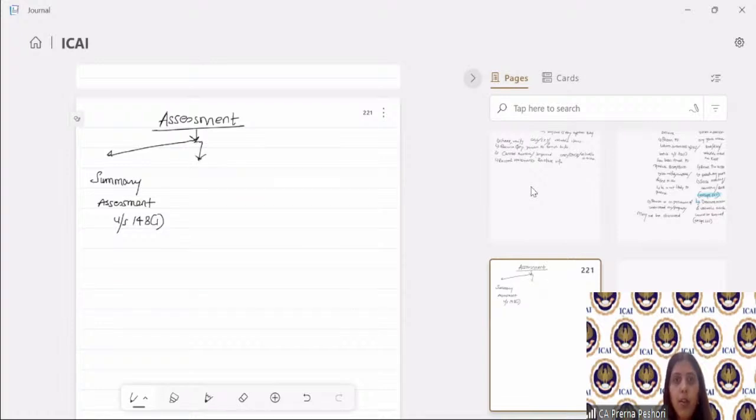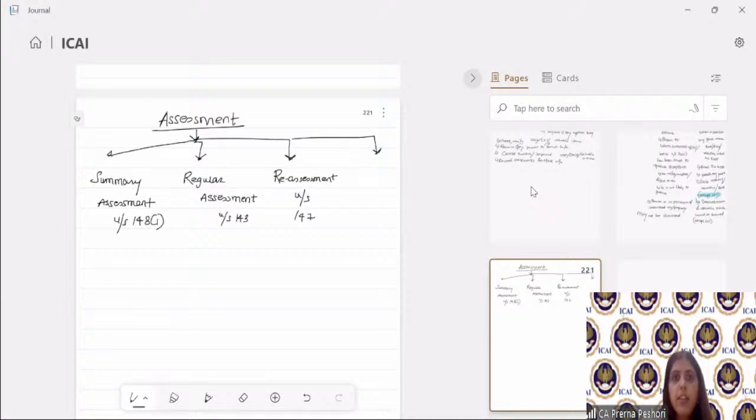Then we will be talking about the regular assessment under section 143. And then we will have reassessment under section 147.